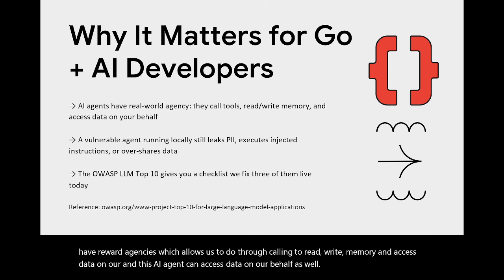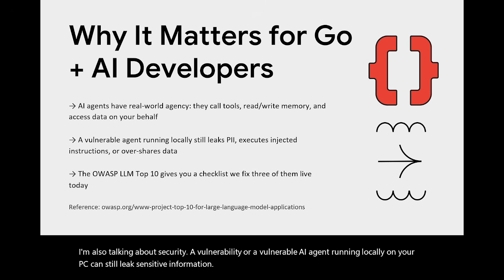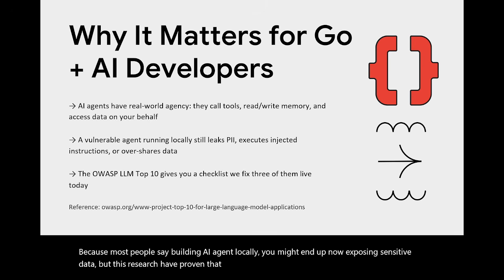Also, talking about security, a vulnerable AI agent running locally on your PC can still leak sensitive information, because most people say that building an AI agent locally, you might end up not exposing sensitive data. But this research has proven that even locally, you could end up exposing sensitive information from your system out to the public.